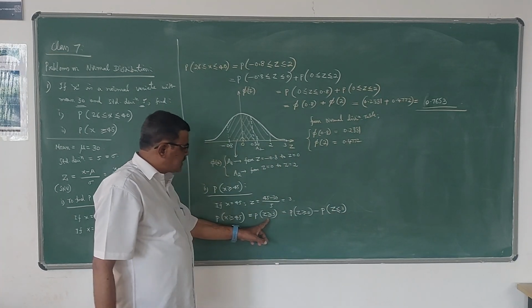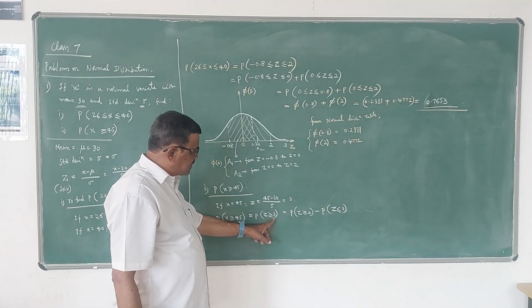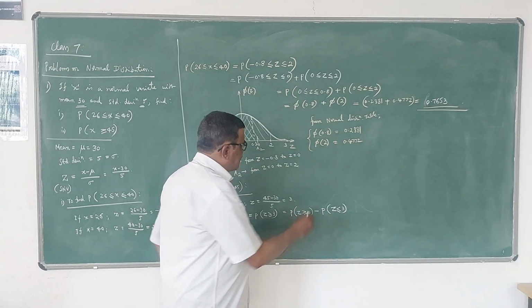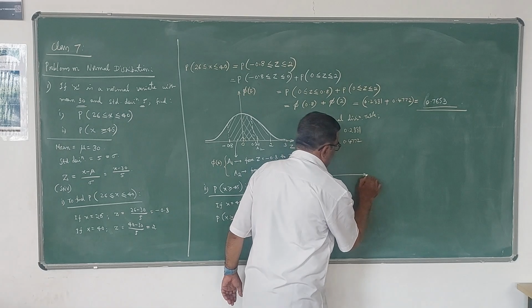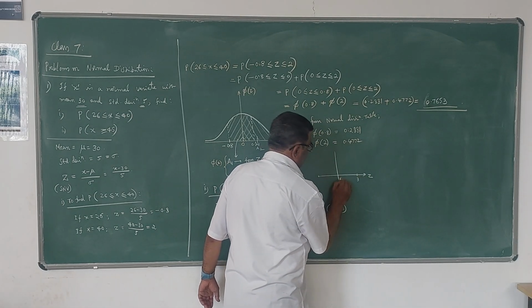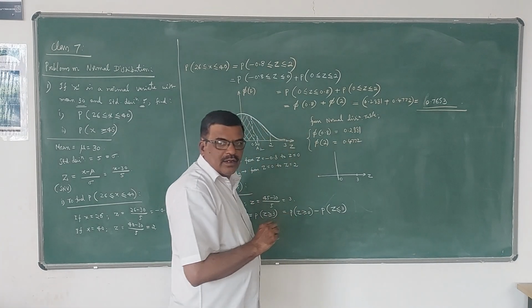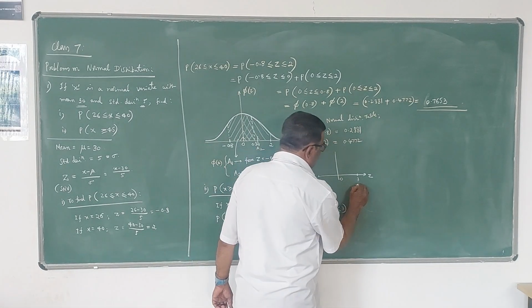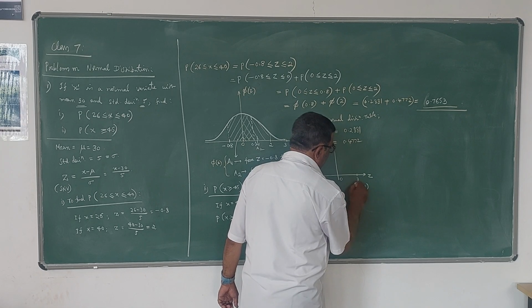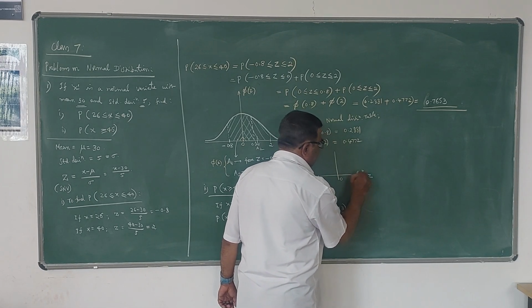If you want Z greater than or equal to 3, we have to take all the values like this. Suppose this is Z, 3 is here, 0 is here. The probability of Z greater than or equal to 3 will come here.